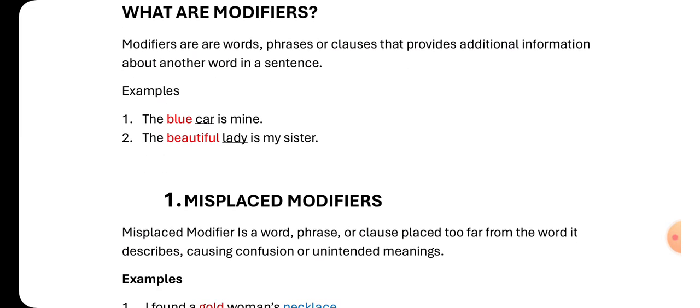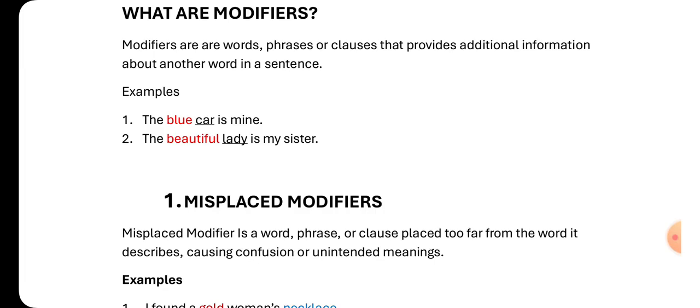The next sentence is, the beautiful lady is my sister. There are so many ladies there. Do you get it? To be able to tell the one that is your sister, you need to modify the lady to be more specific.